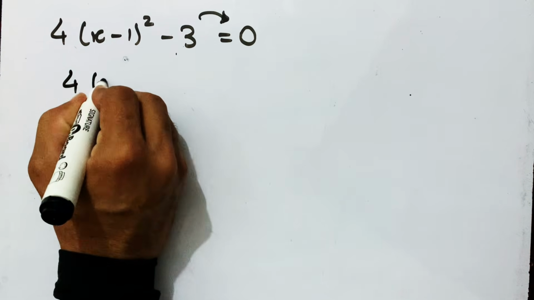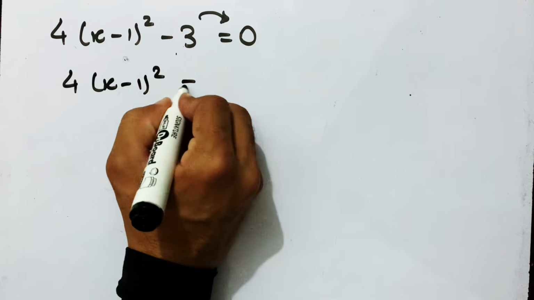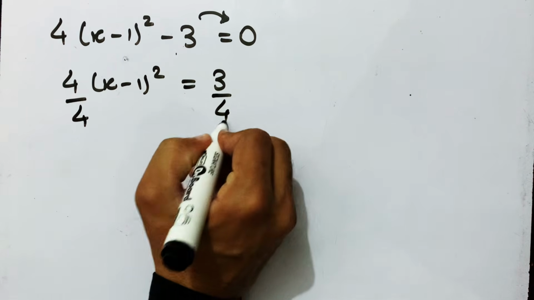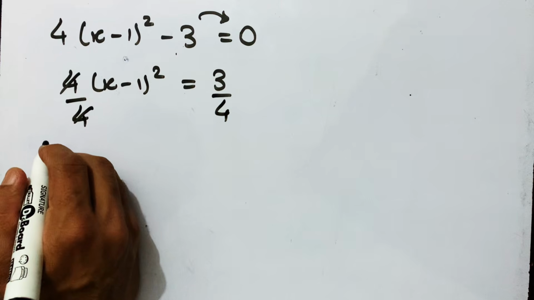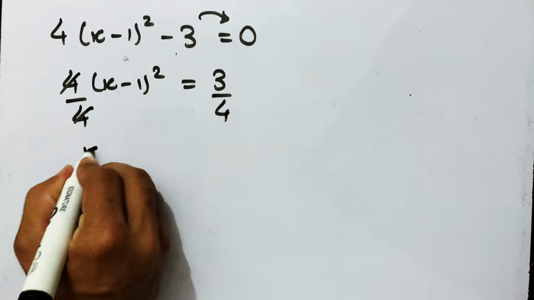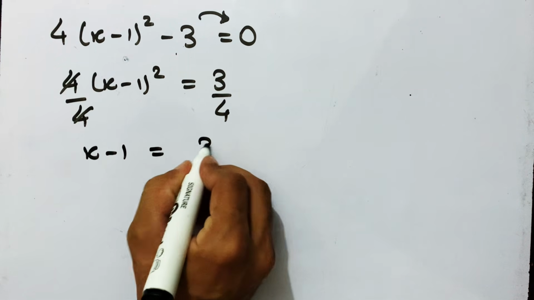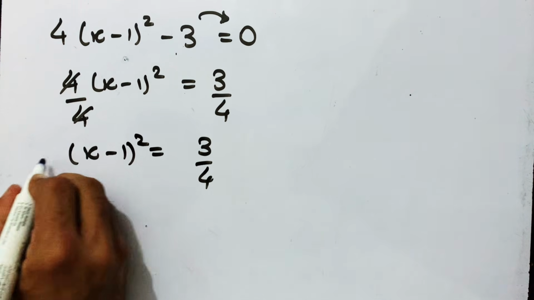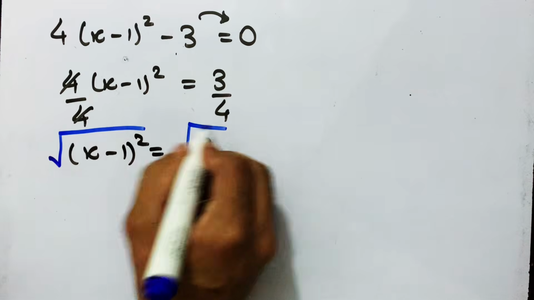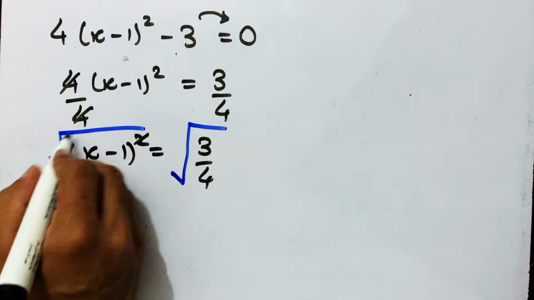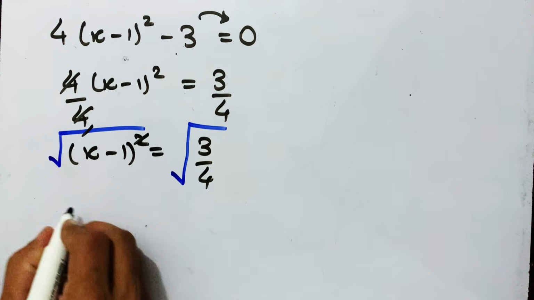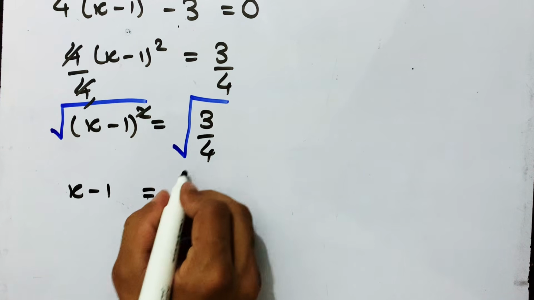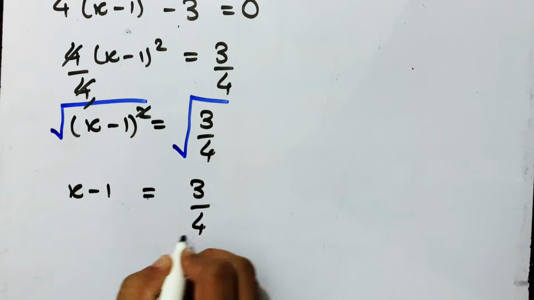Our equation is 4(x minus 1) whole square equals 3. Dividing both sides by 4, the 4 cancels, and the result is (x minus 1) whole square equals 3 divided by 4. Now I eliminate the square by taking the square root of both sides, so the result is x minus 1 equals the square root of 3 divided by 4.